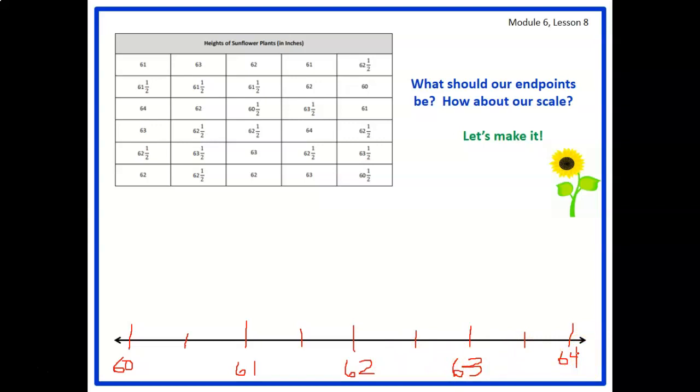Okay. Now, I need to find all of the ones that are 60 exactly. So I'm going to find 60 exactly. There's one. Did I miss any? I don't think so. So on 60, I have one.